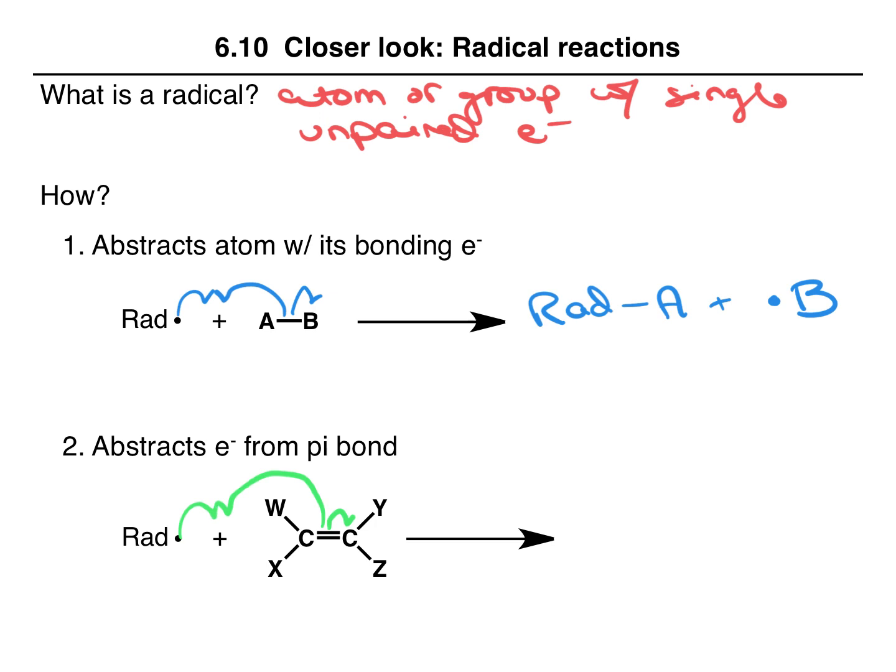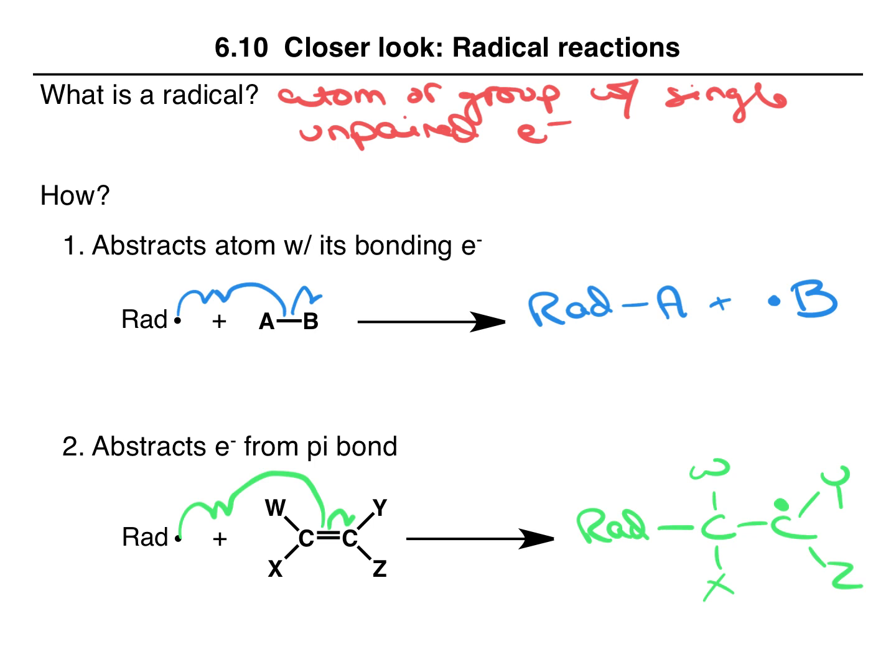Now what that gives, the radical is connected to the carbon on the left, which is still connected to W and X. The carbon on the right is still connected to Y and Z, but the carbon on the right is now a radical. So overall, this is an addition, and we have formed a new radical.